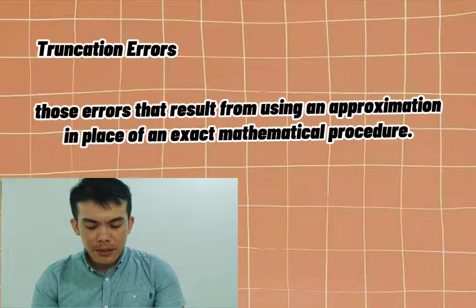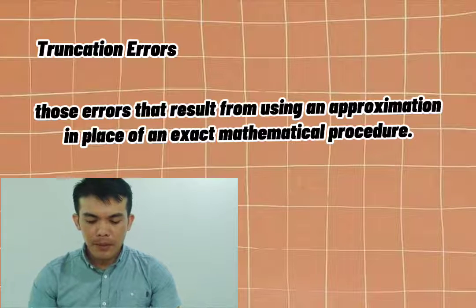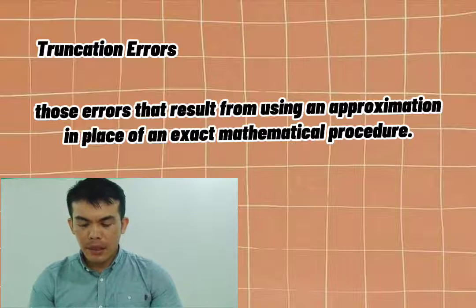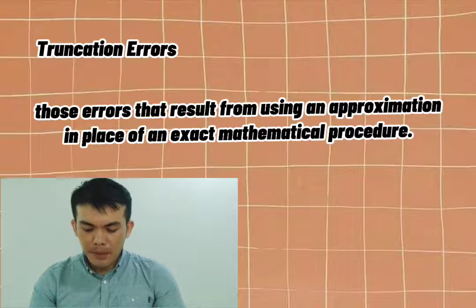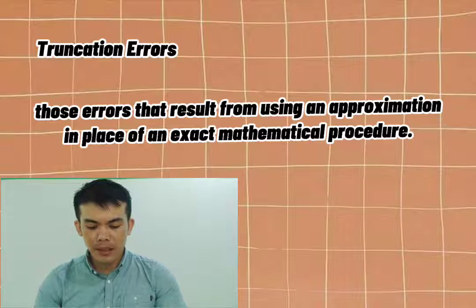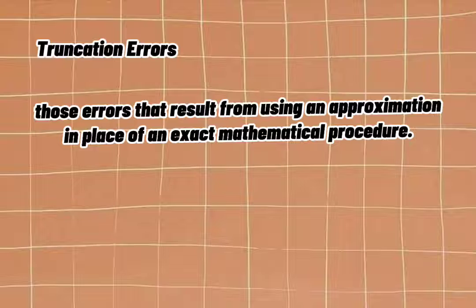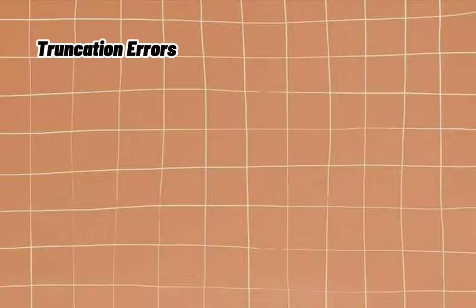Truncation errors are those errors that result from using an approximation in place of an exact mathematical procedure. Also, a truncation error was introduced into the numerical solution because the difference equation only approximates the true value of the derivative.